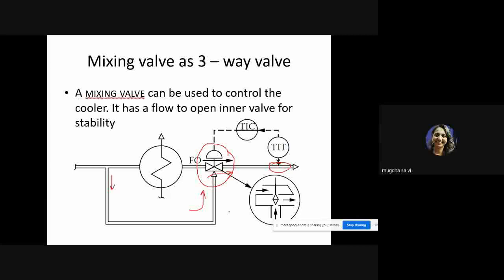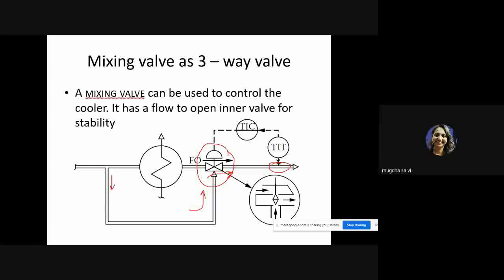Any queries with diverting and mixing valve, please ask. I will explain it again if you are having any kind of confusion. Just depending on the placement of the three-way valve, it will either be a mixing valve or a diverting valve.